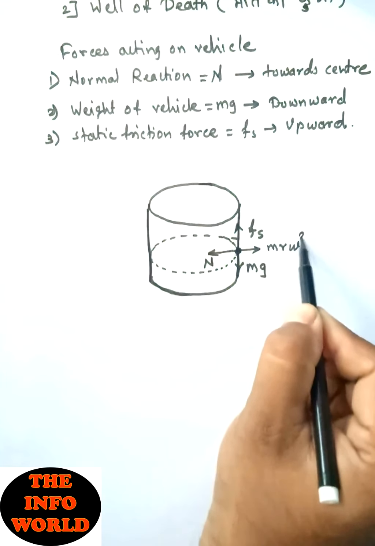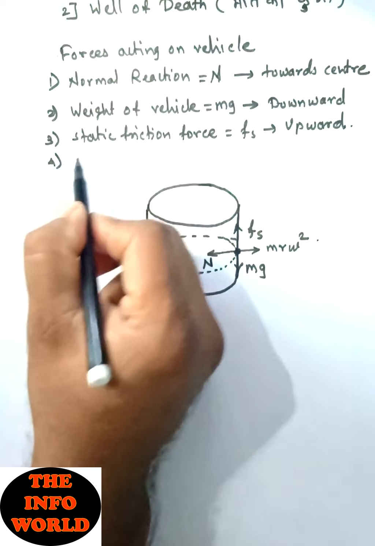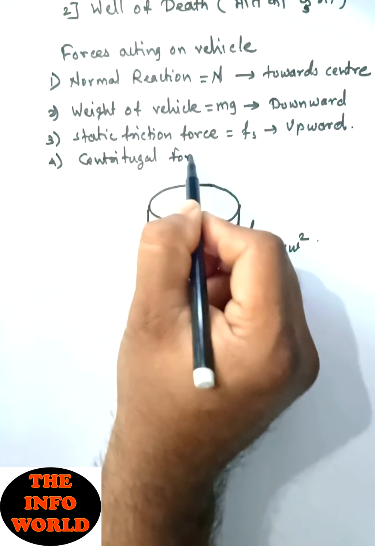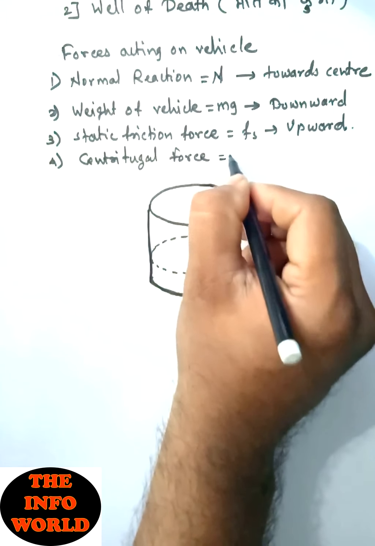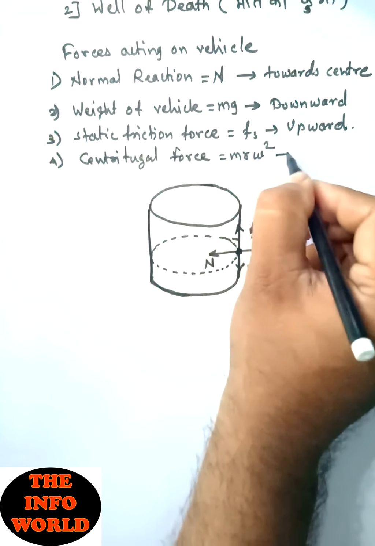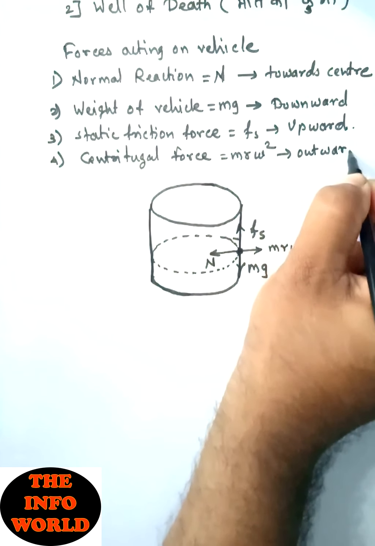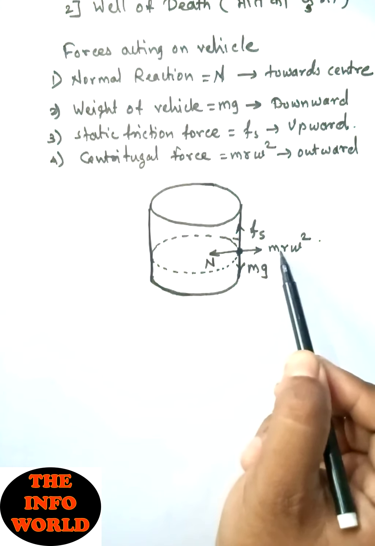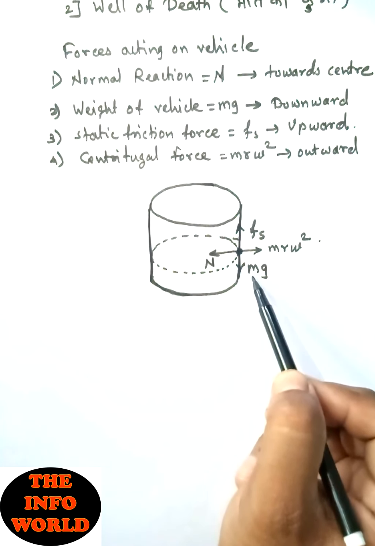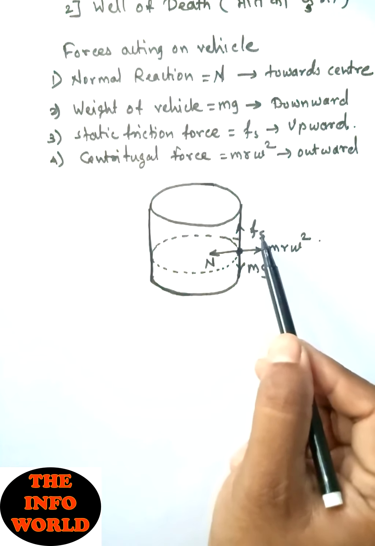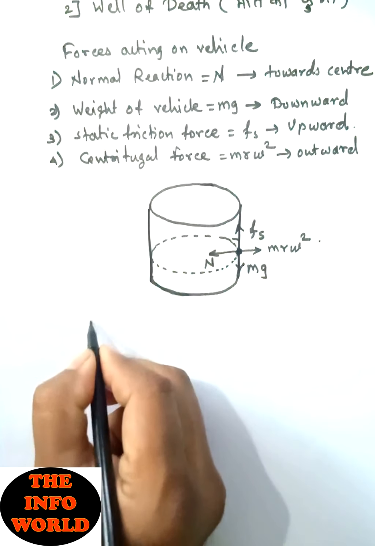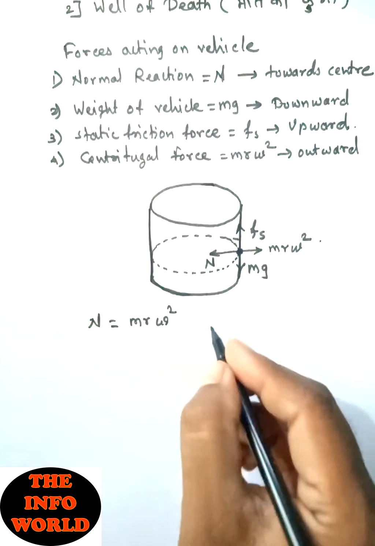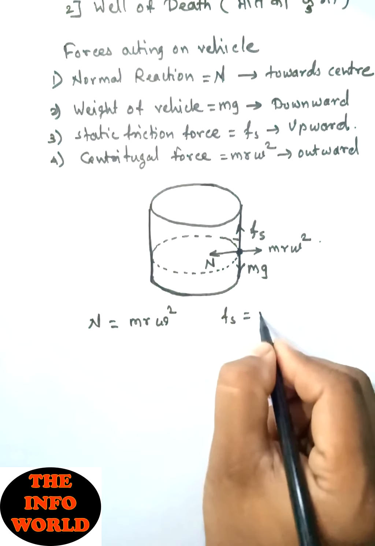So these are the three forces acting on the vehicle, and the fourth force, that is the centrifugal force, is acting in outward direction. The fourth one is the centrifugal force, mr omega square, in outward direction. The normal reaction is balancing the centrifugal force, and the weight of the vehicle is balanced by the static friction force. We can write n is equal to mr omega square and Fs is equal to mg.